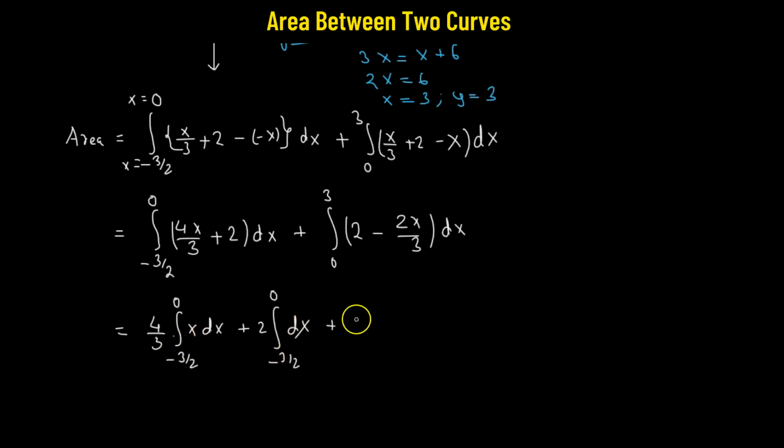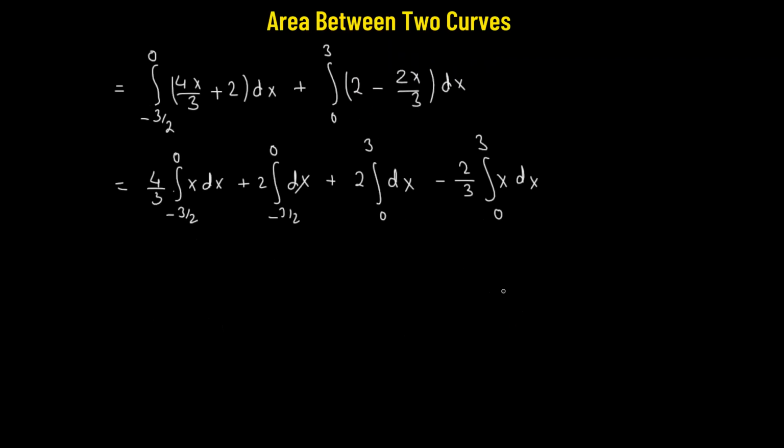0, plus 2 times the integration of dx from 0 to 3, minus 2 over 3 times the integration of x dx going from 0 to 3, which will be equal to 4 over 3 times the integration of x dx.